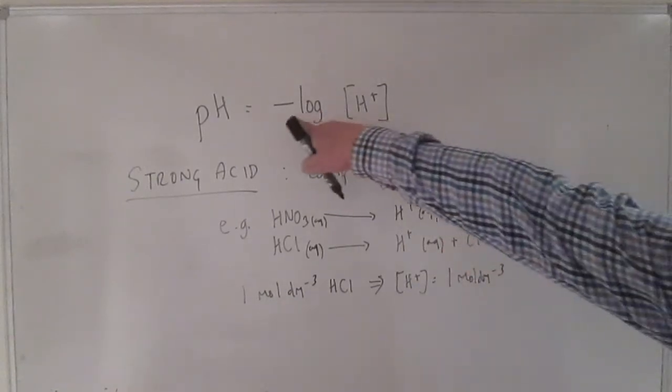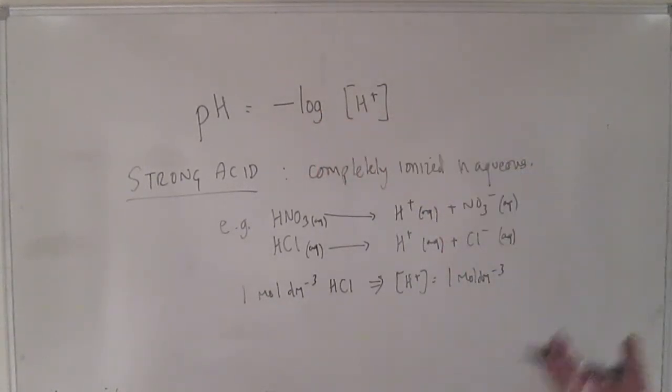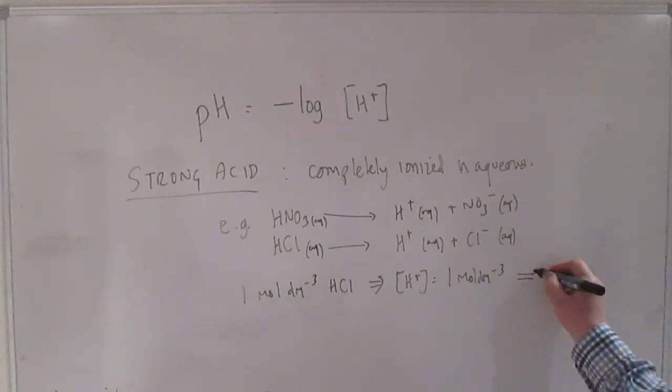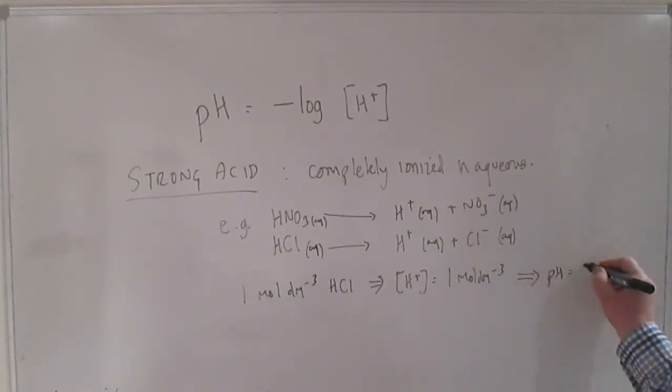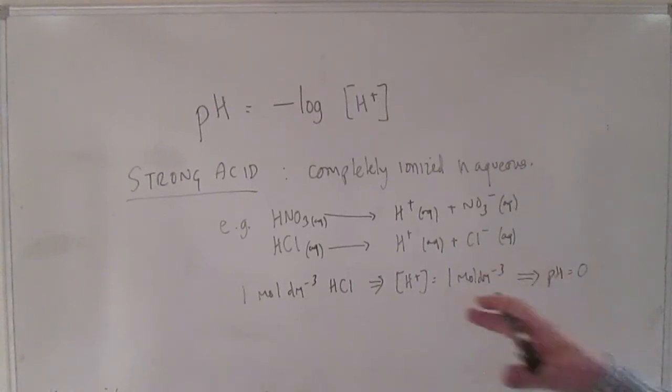And minus log of 1, well, log of 1 is 0, and minus 0 is still 0, so the pH is 0. Okay, so that number, which we think of as somewhere around the bottom end of the pH scale, corresponds to a 1 mole per dm cubed concentration of H+.